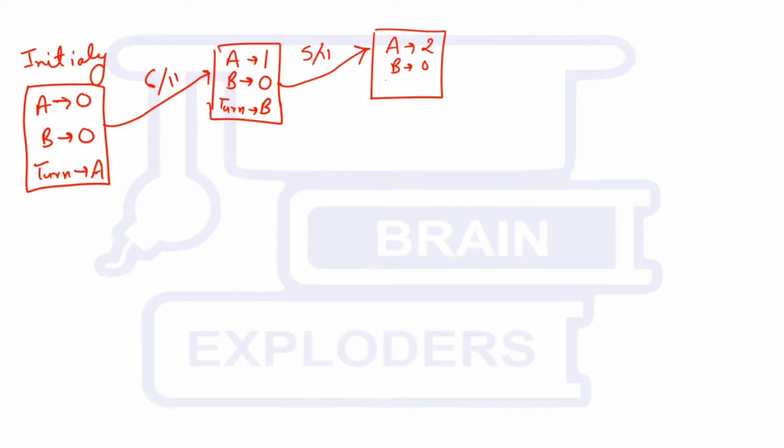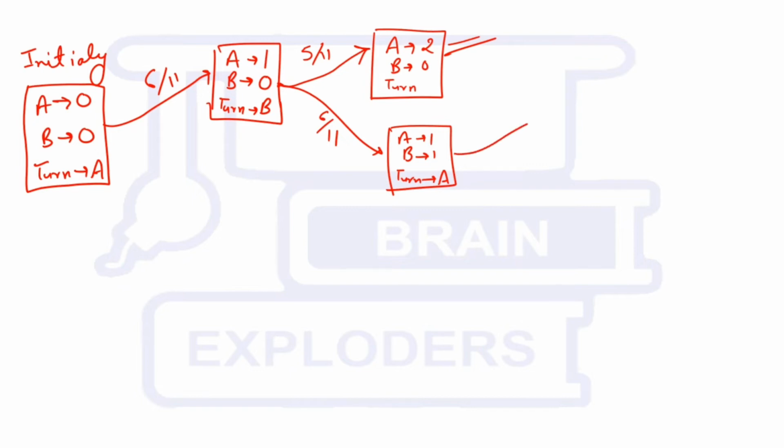B is still on 0, and no matter whose turn it is now, the game is won by A. From this state, there is another possibility with a probability of 6 by 11 that B will score a point. Since B has scored a point, the turn is of A, because obviously the die is rolled by B in this state, and the next turn is of A.